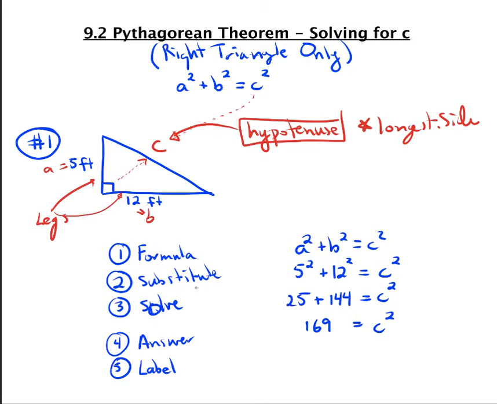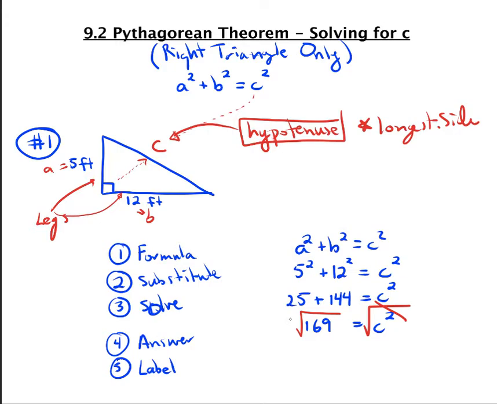Now to undo that squared, we've learned that it's the square root to cancel that out. Sort of like undoing multiplication with division in solving equations. We have a new process to cancel out a squared. So if we square root one side, we also have to square root the other side.